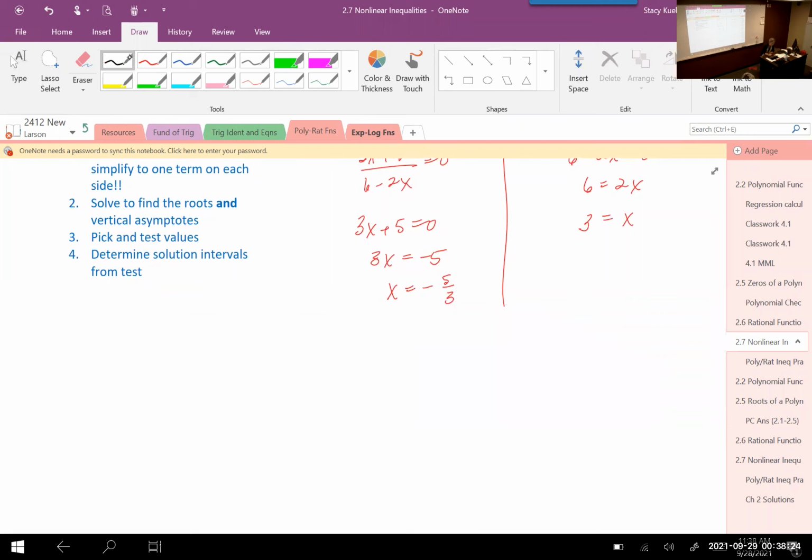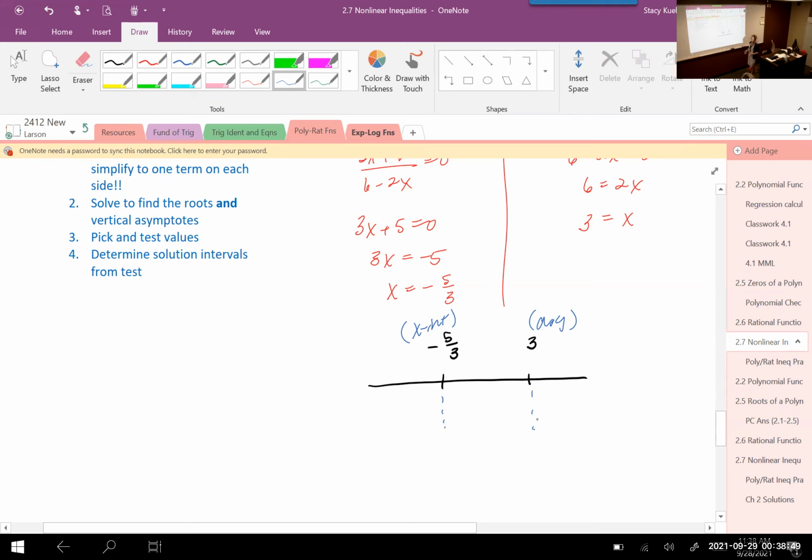So when we put this on the graph, or the zoomed in test points, I'm going to put -5/3 as well as 3. But I'm going to typically write over here that this is my x-intercept and this is my asymptote, because in this particular case, I can include an intercept, but I won't include an asymptote.